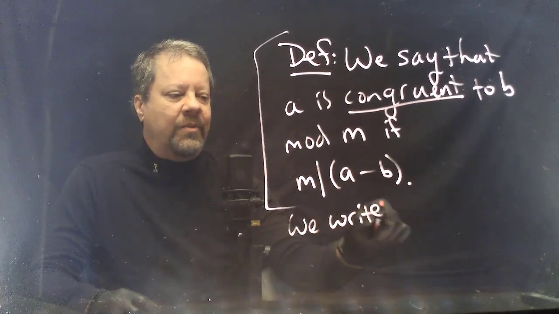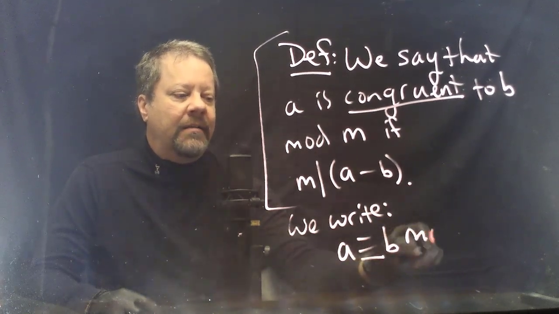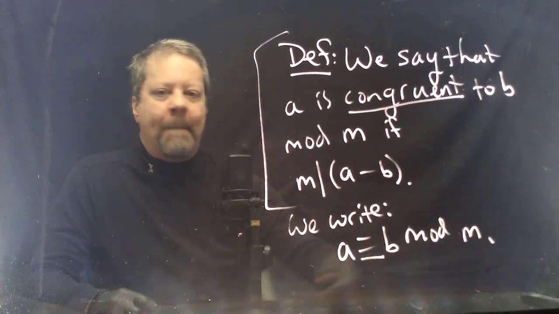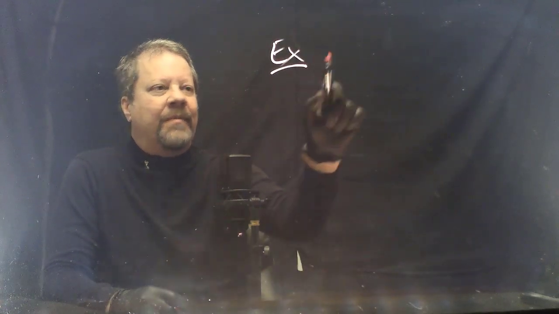For the notation, we write a is congruent to b mod m. Let's give some quick examples.